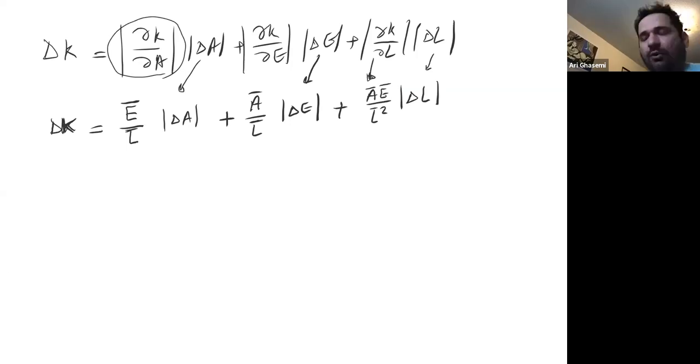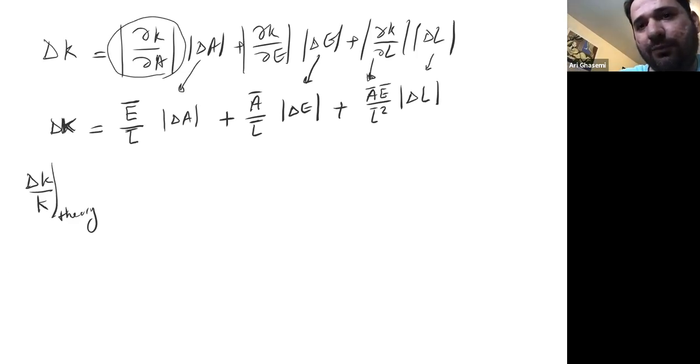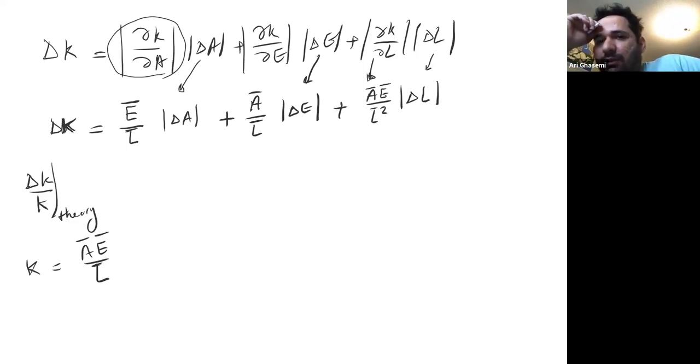So in the report, you see that in the table, it's talking about delta K over K theory. Now, if you put K theory, what was K? K was A over L in this example, and these are all averages, right? Go back to your notes. K was A bar, E bar over L bar. Right? Now put it here.